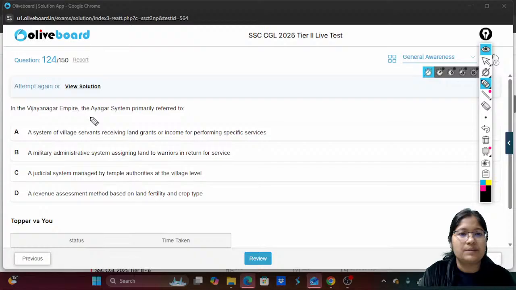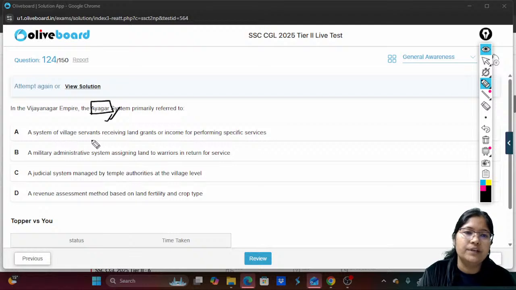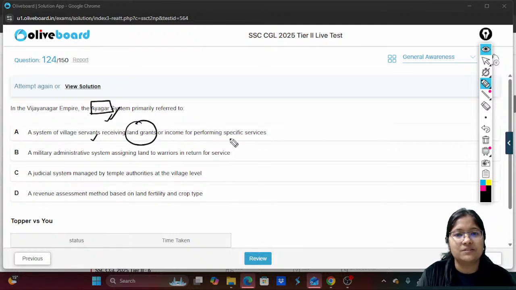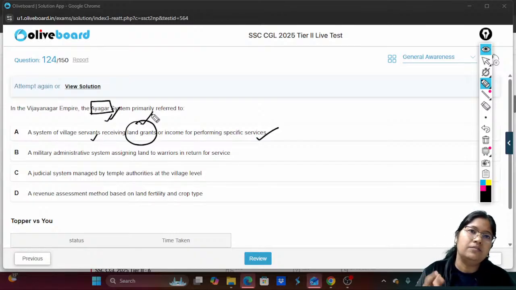In the Vijayanagar Empire, the Ayangar system primarily referred to a system of village servants receiving land grants or income for specific services. Yes, land grants were being given by different names in different places, in different kingdoms and even later on also. So that is why these words are important, whatever name for that particular dynasty it is.